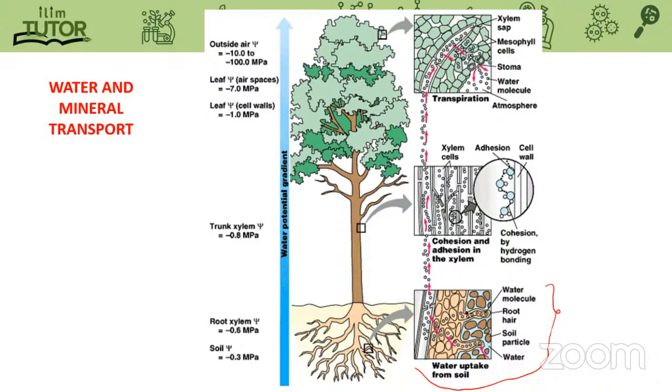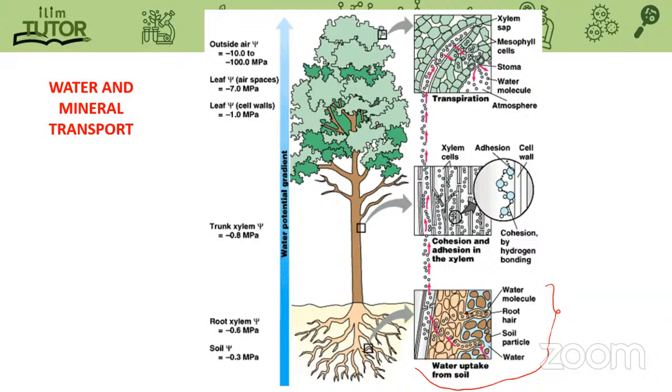And for water to move into the roots, it means that you must have more water in the soil compared to what you have in the root hair cells, so that osmosis can occur, which is the movement or diffusion of water from a region of higher concentration to a region of lower concentration through a semi-permeable membrane.